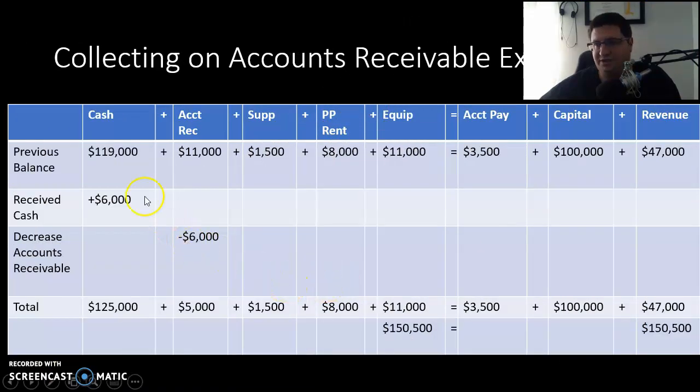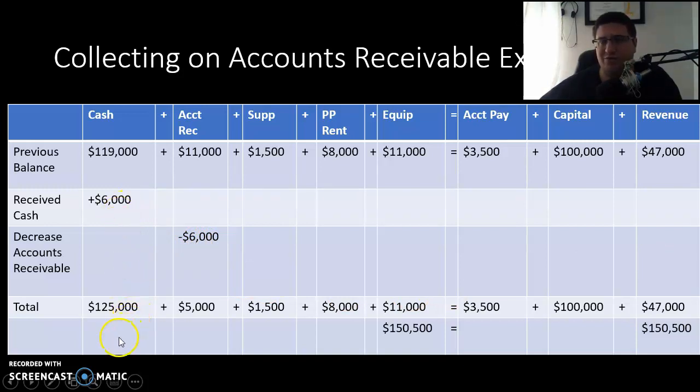Alright, so here's the example. The firm that owes you money gave you $6,000 out of the 11. So you receive that in cash, and you record that as $6,000. Now it's not revenue because it's already been recorded as revenue. It's already come in. It's just that they physically gave you the money now, and now you can put that in cash.